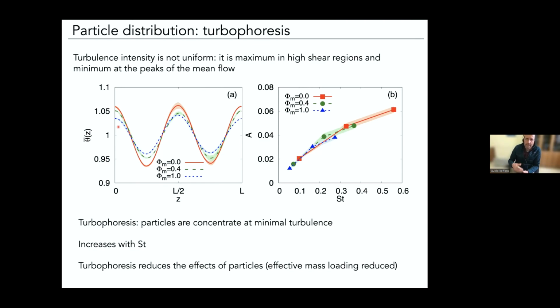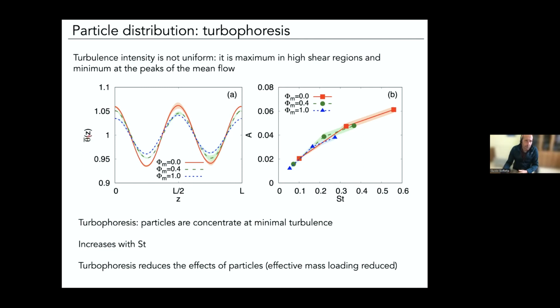The turbulent intensity is maximum in high shear regions, and is minimum where the mean flow is maximum, where the shear is minimum. So it means that the particles are immersed in a turbulent flow which is not homogeneous, and so by turbophoretic effect, we expect the particles to concentrate in regions where the turbulence is lower. And the regions where turbulence is lower are regions where the mean velocity is maximum.